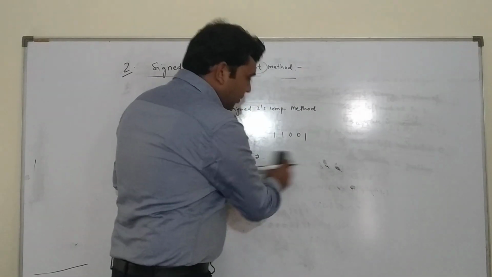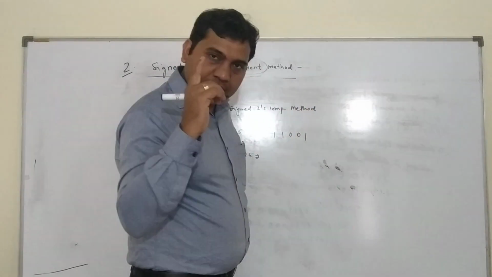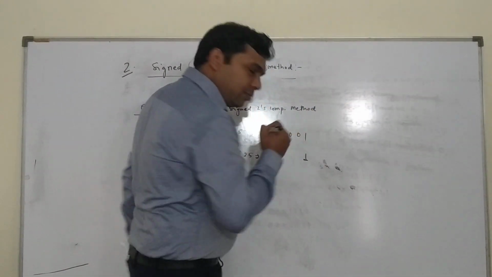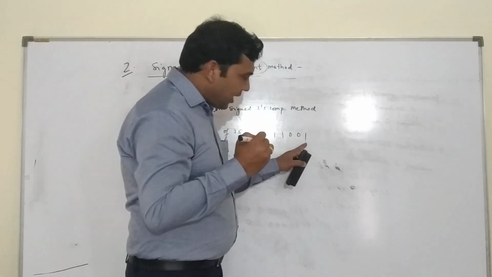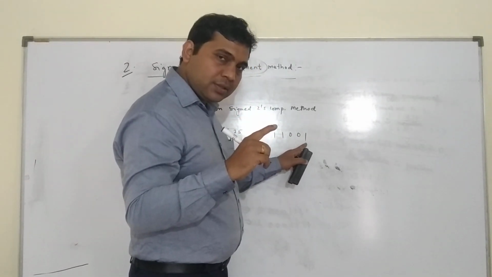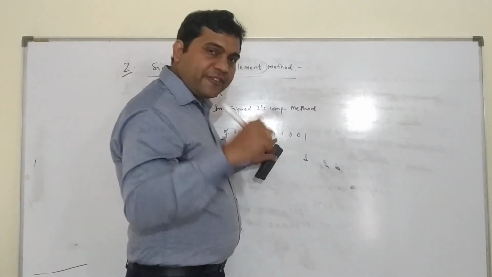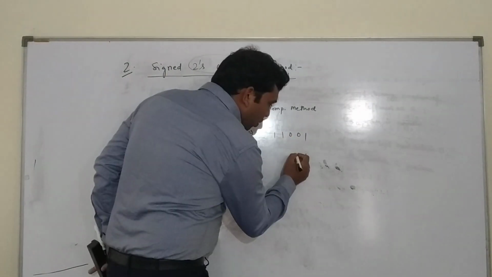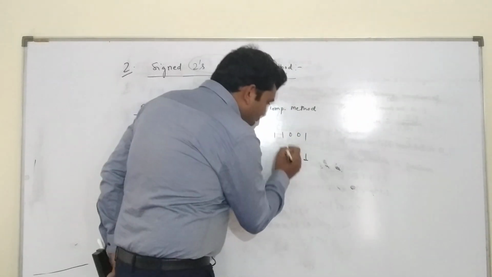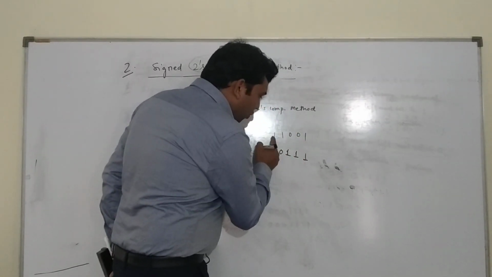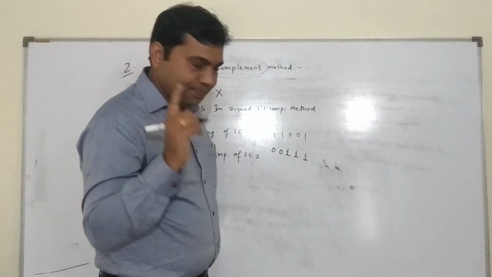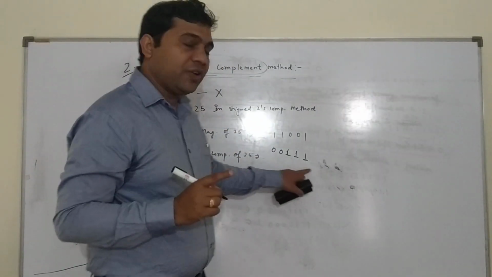The very first bit is 1, so copy it. Since the first one has been encountered, invert the rest of the bits. For 0, make it 1. For 0, make it 1. For 1, make it 0. For 1, make it 0. So this is the twos complement of 25.